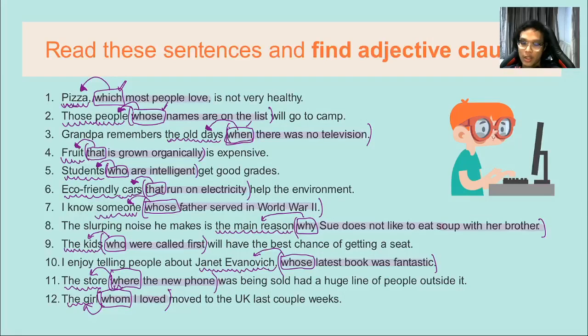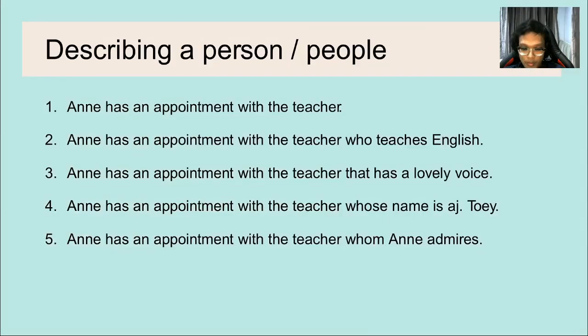Now I'm going to describe more about the relative pronouns that we can use, and then look at the details of how we can structure an adjective clause in our sentence as well. Okay, so now is the first thing we're going to learn.